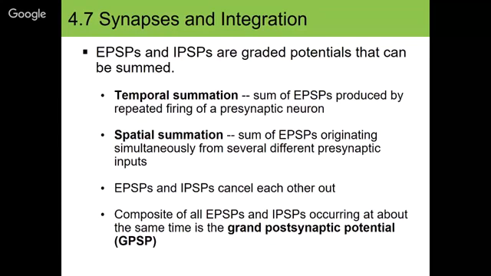Spatial summation is when your graded potentials, your EPSPs, originate simultaneously from a bunch of different inputs, so different synapses, presynaptic inputs. Because remember, a neuron can have lots of different connections, right?